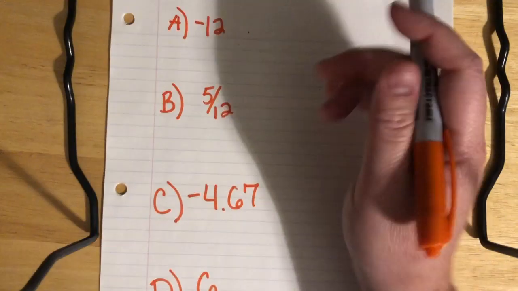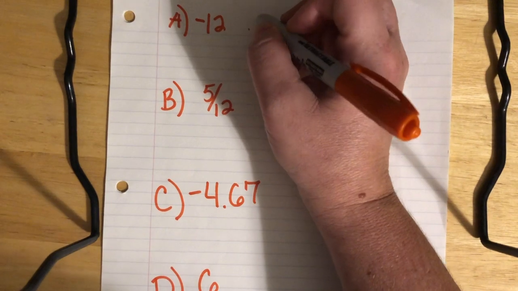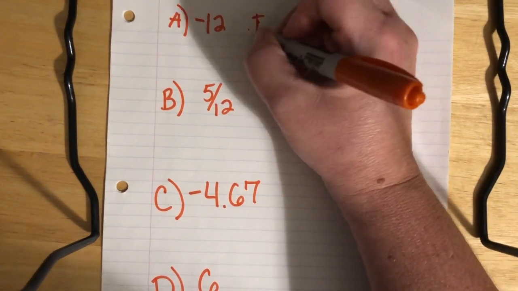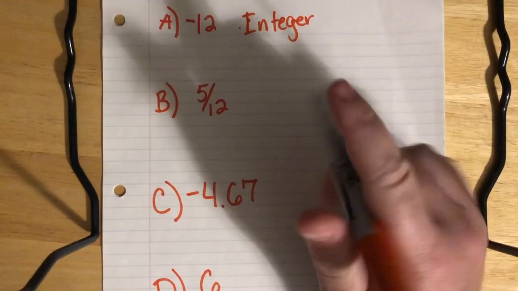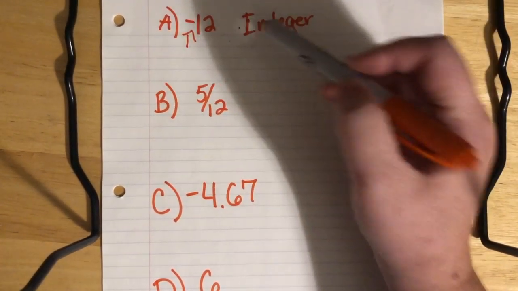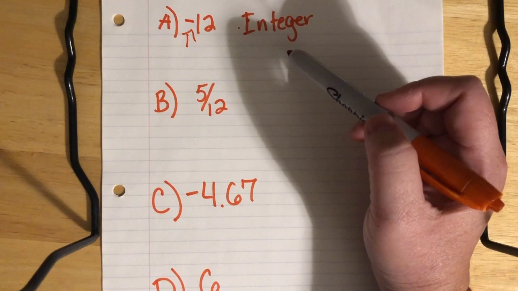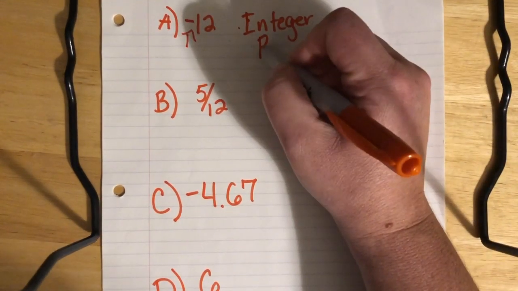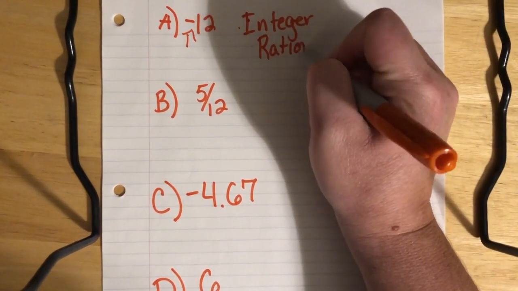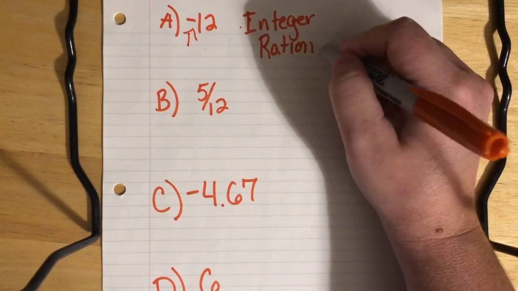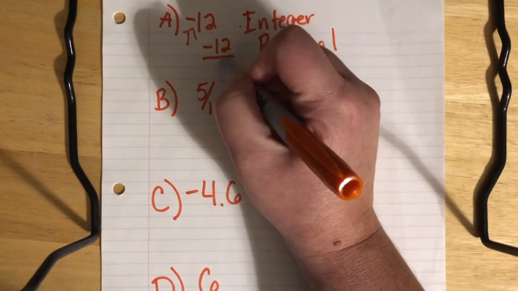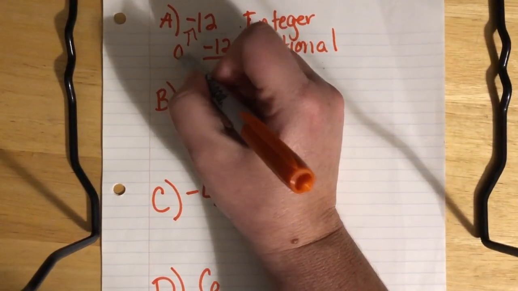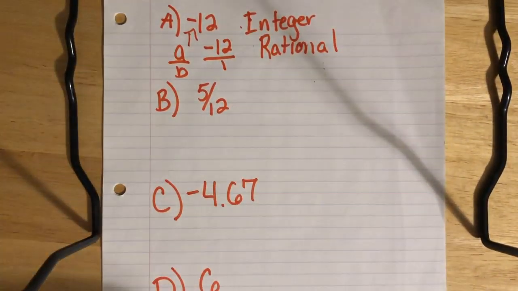Negative 12 is an integer because it has the negative and it's got a number, and this is a rational number because I can take negative 12 and put negative 12 over 1, and that verifies the A over B.